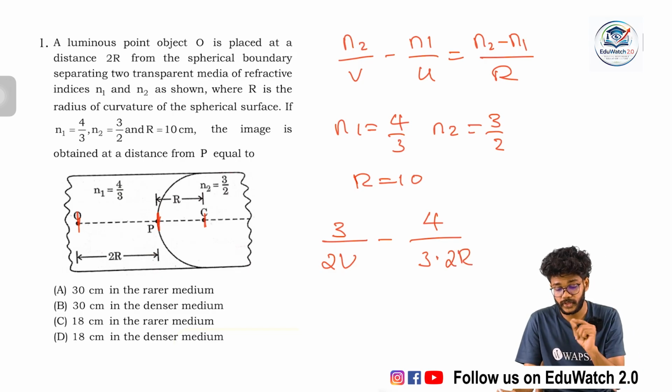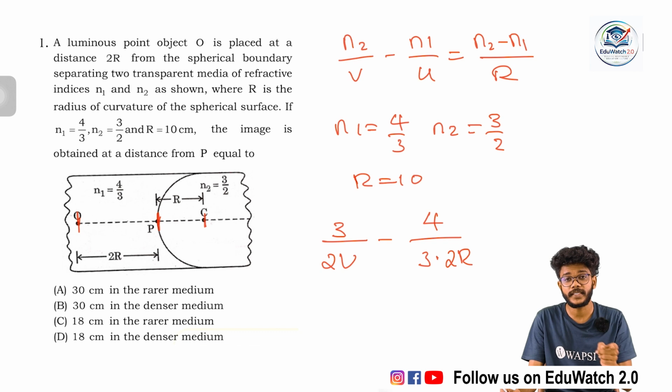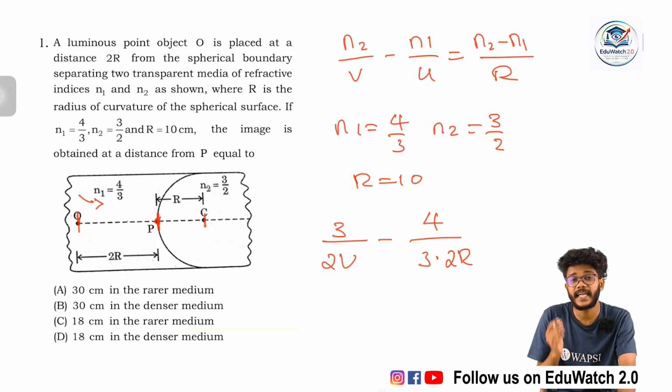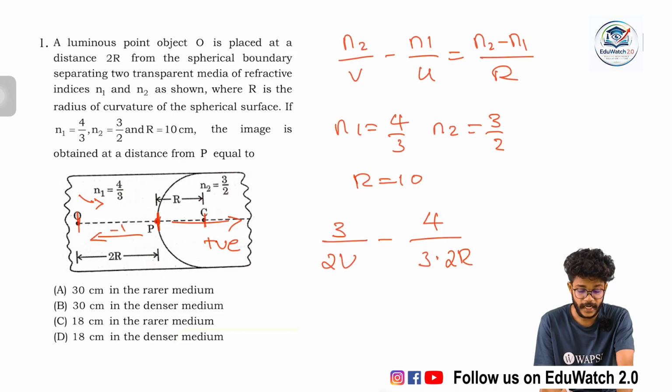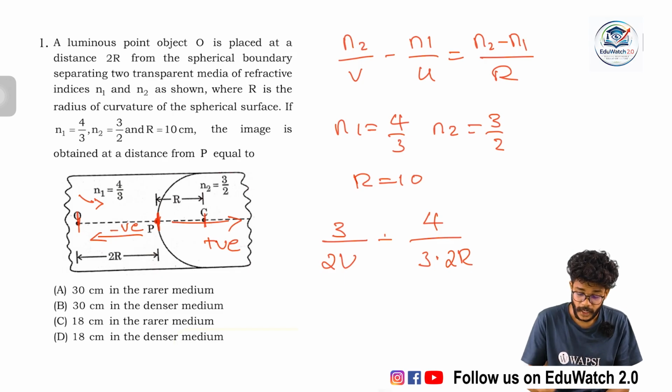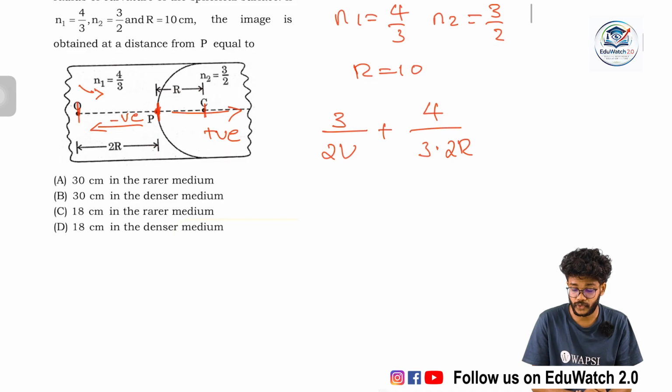Actually, u is 2R, but I have to write u as minus 2R, because using the sign convention, the ray is coming from here and this is the pole. So in the direction of the ray we take positive, so this part should be positive and this part should be negative. That's why the 2R becomes negative. So minus 4 by 3 into minus 2R is equal to (n2 minus n1) by R.